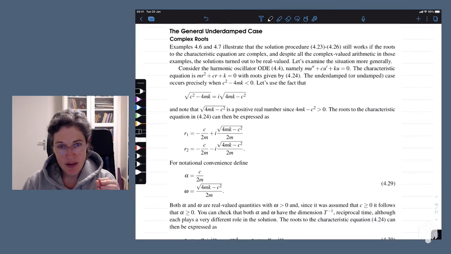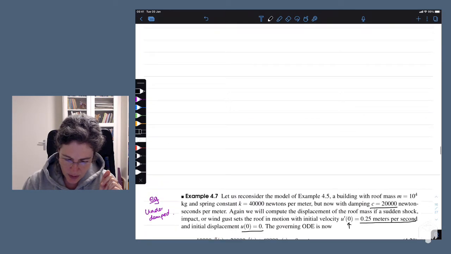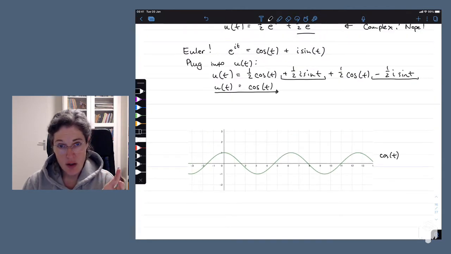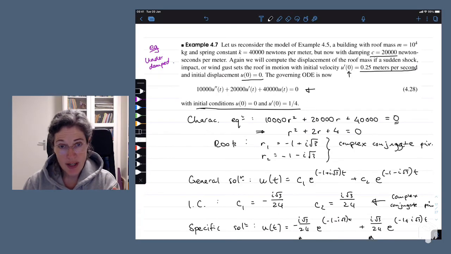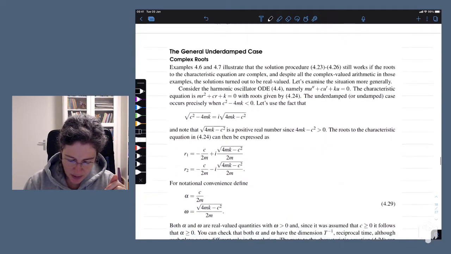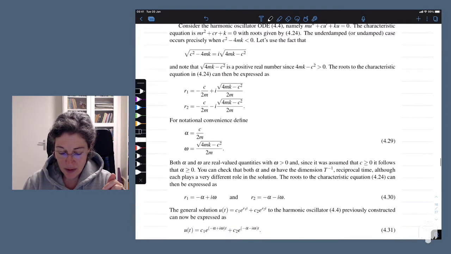But we can actually make things a little clearer, because one of the things you might wonder is, what is the frequency of our oscillations, either in the no damping case over here? Could we work it out based on the differential equation? And similarly, there is a kind of a frequency here that it might be useful to know. So we can do a little bit of algebra to make this more clear.